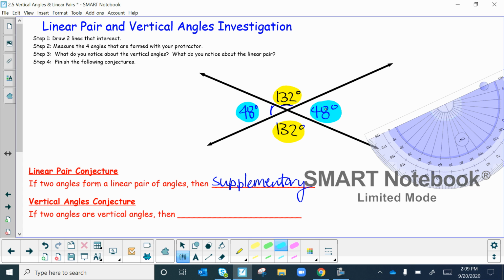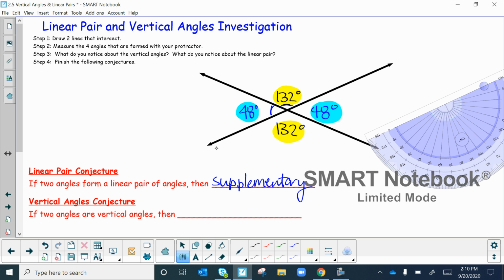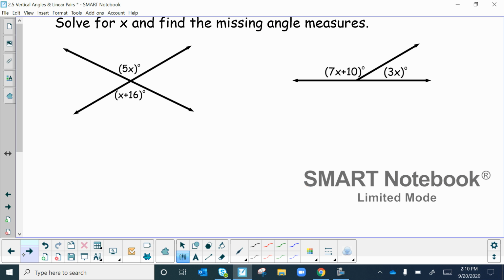This angle with this angle is another pair of vertical angles, and you really see that they are congruent. And that's it. It's pretty simple. So if you ever have two vertical angles, then they are congruent. Okay, so let's just do a couple of examples here.